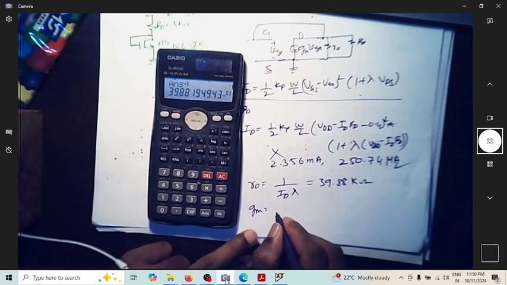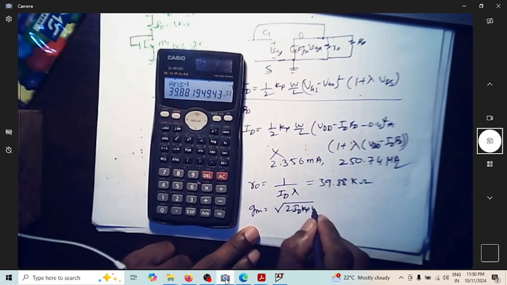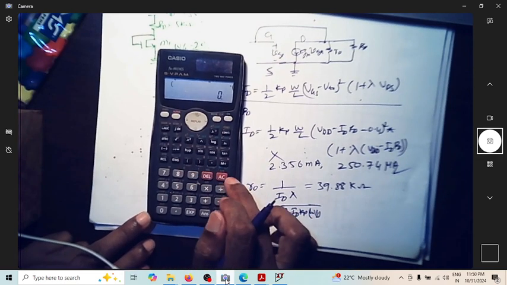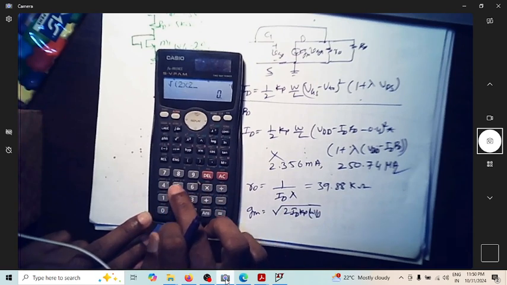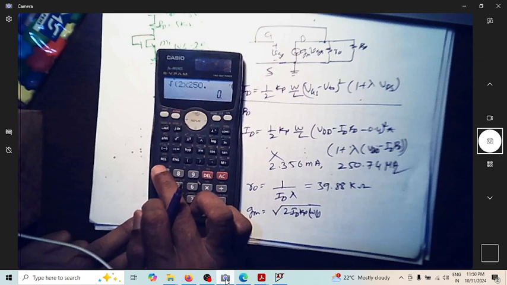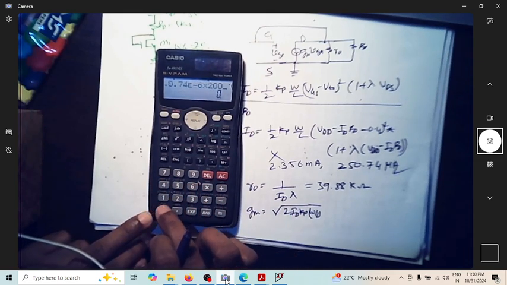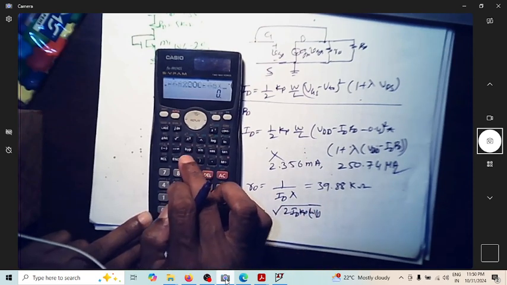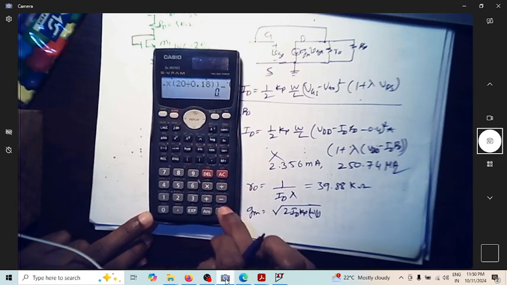gm is under root of 2 ID Kp into W by L. Let me show. Okay, now under root of 2 into 250.74 exponential minus 6 into Kp is 200 exponential minus 6 into W by L is 20 divided by 0.18, close.